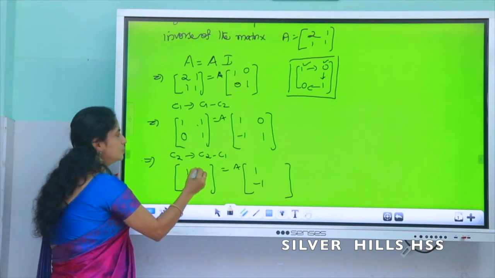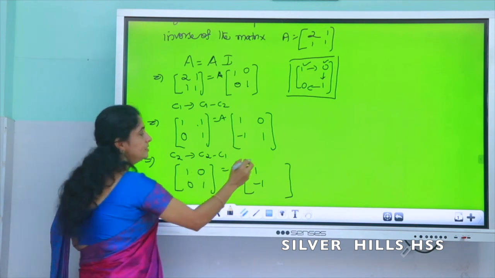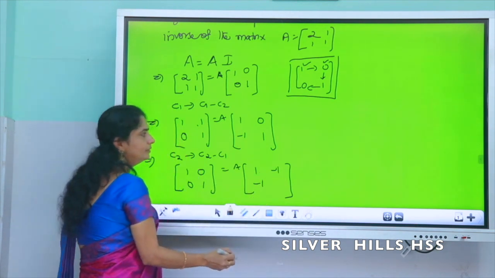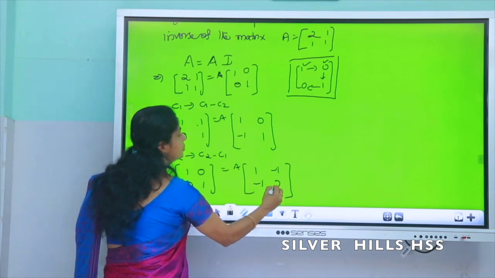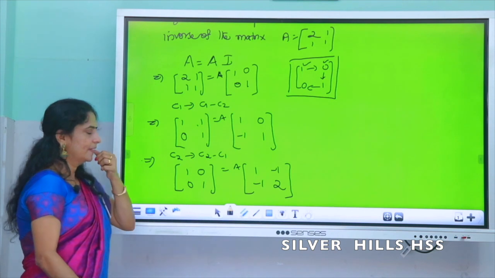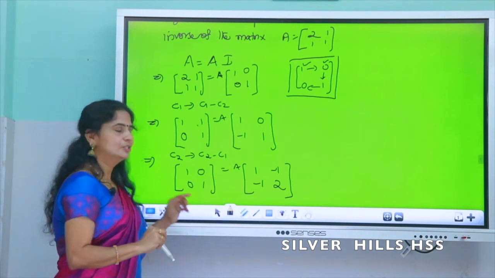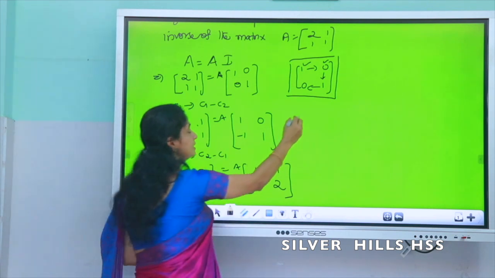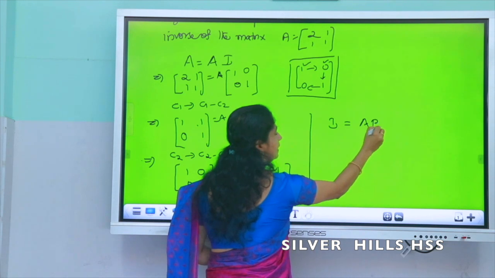So 1 minus 1, 0. 1 minus 0, 1. 0 minus 1, minus 1. 1 minus of minus 1 is 2. So we have brought it in the form I is equal to AB.